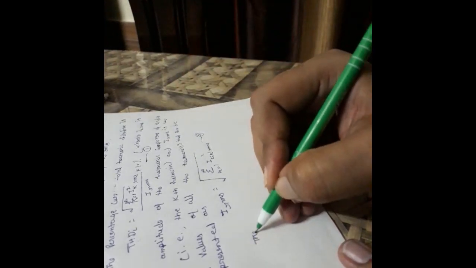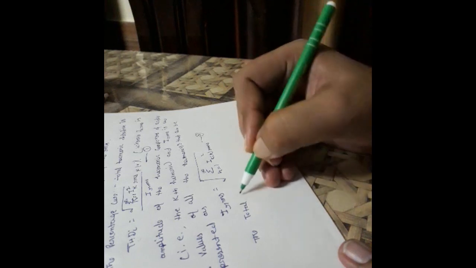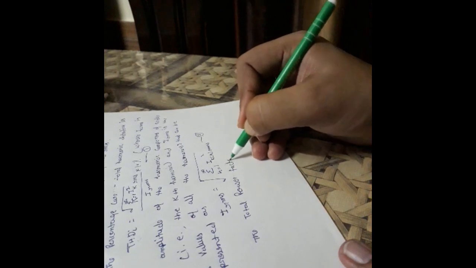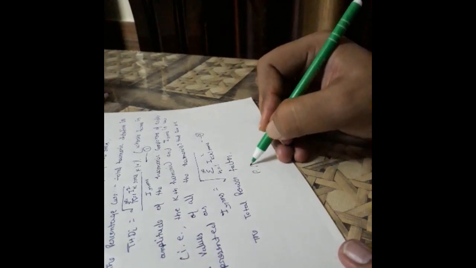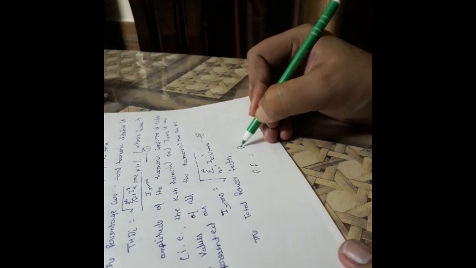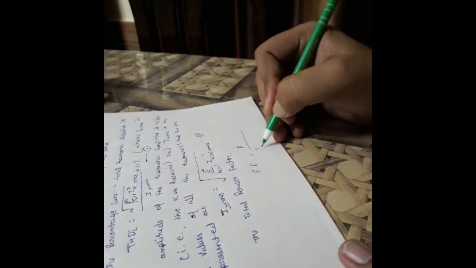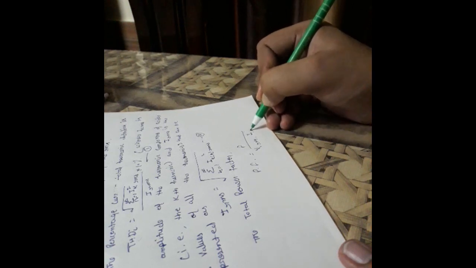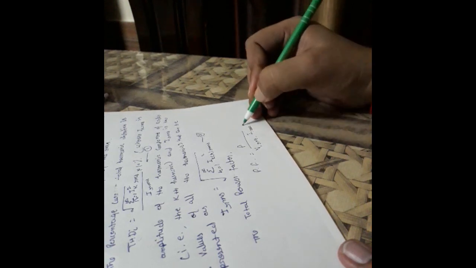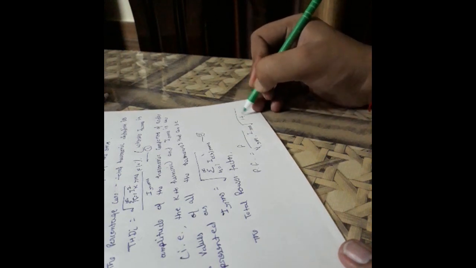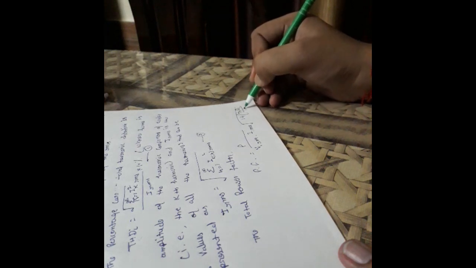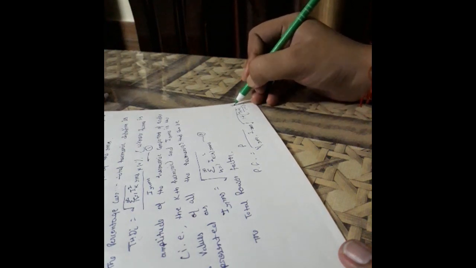The total power factor is power factor equal to P upon V1 RMS into I1 RMS, upon under root 1 plus THD_I upon 100% square.